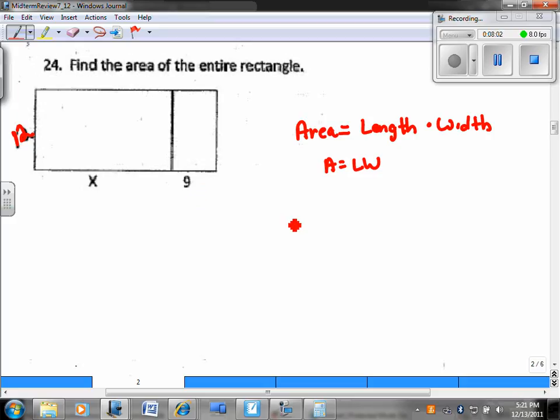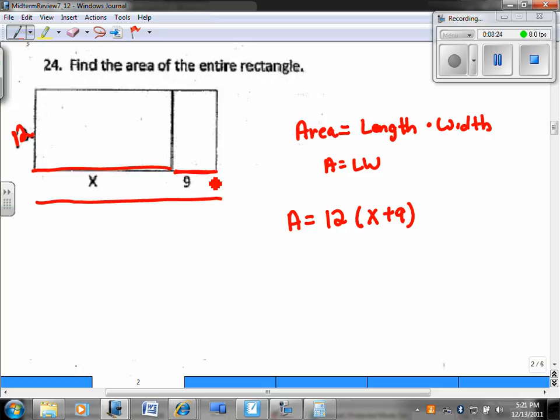So we need to calculate the area. Our length is going to be 12, and our width is x plus 9, because our width is this entire side. And how am I finding this entire side? Well, I'm taking the part that's x, and I'm adding it to the part that I know is 9. So altogether, that side is x plus 9. Well, I can go a little further here.